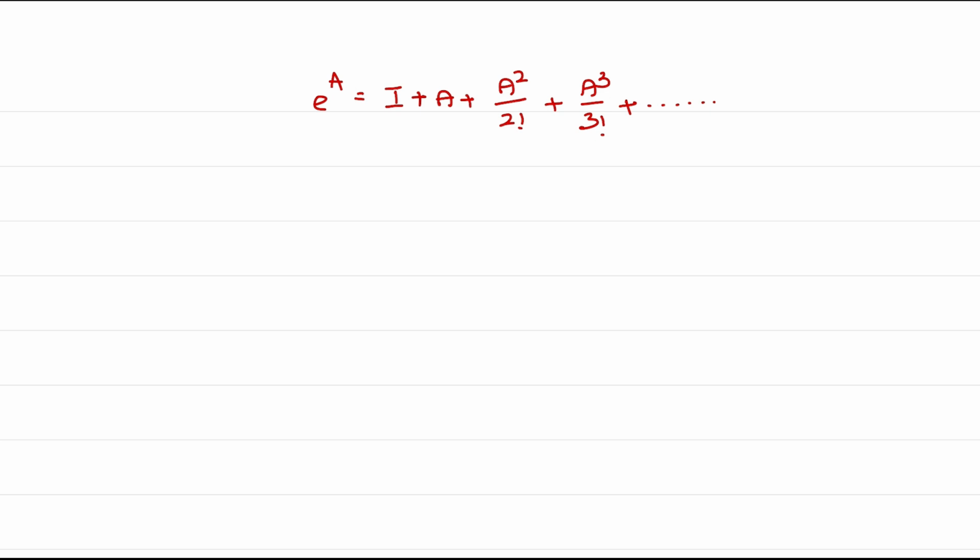For example, this is the power series of a matrix, or e to the power of a matrix. This is defined as I plus A plus A square by factorial 2 plus A cube by factorial 3 and so on.